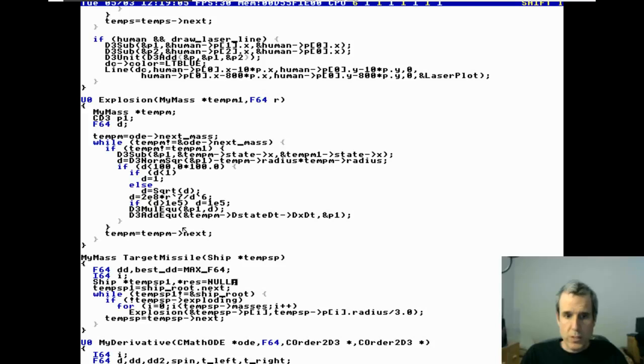We want the one most directly in front. Okay, so let's see, dot or cross product. We want dot product, so we're going to, we have a technique for CD3, P count, P1, P2.